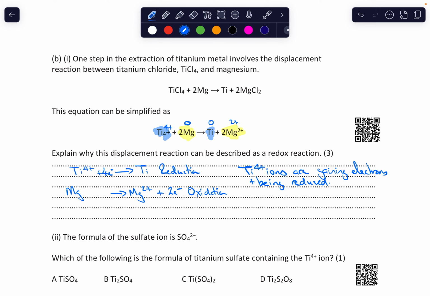The magnesium atoms are losing electrons and being oxidized. And because you've got both of them happening at the same time, as both happen at the same time, this is called a redox.